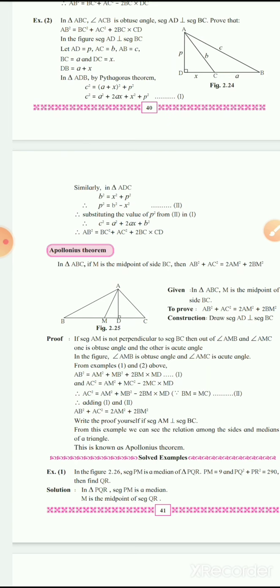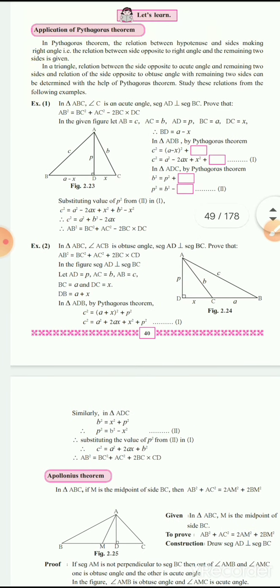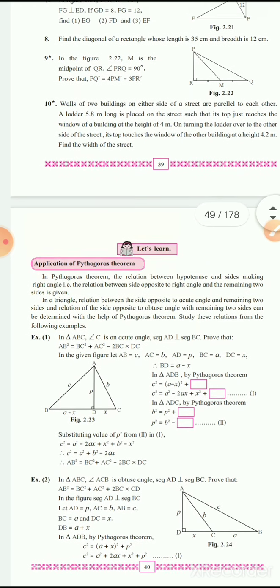Okay, so in the next lecture we are solving the examples of practice set 2.1 and then practice set 2.2.